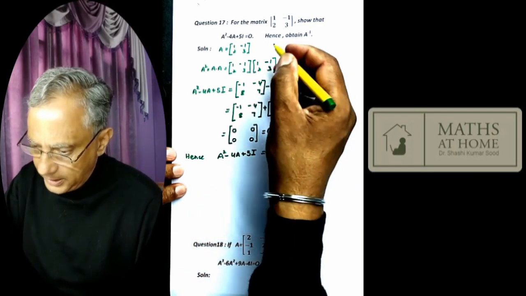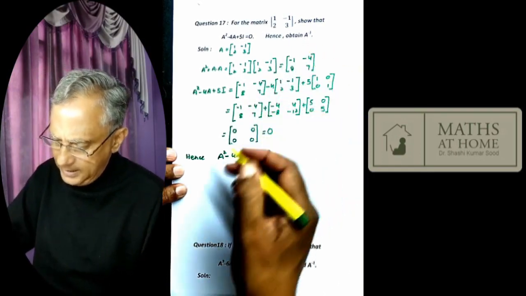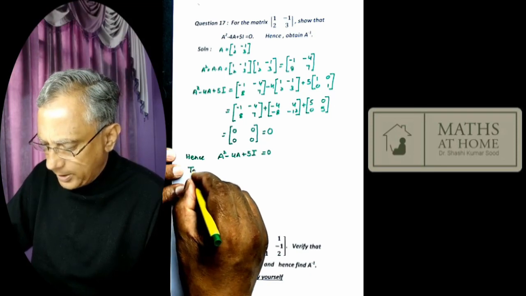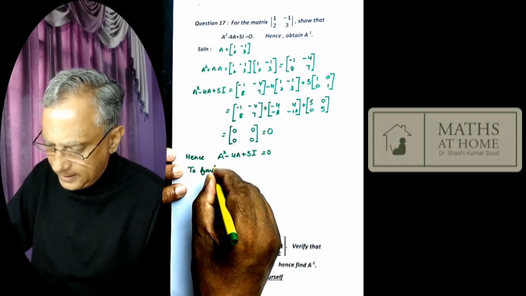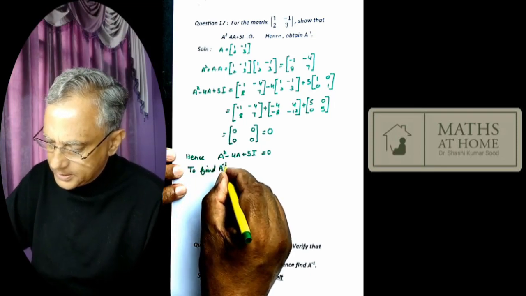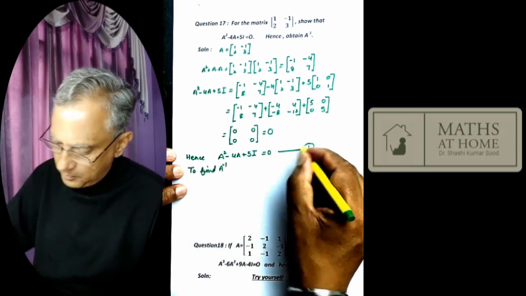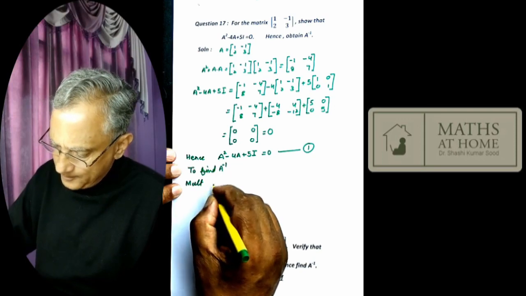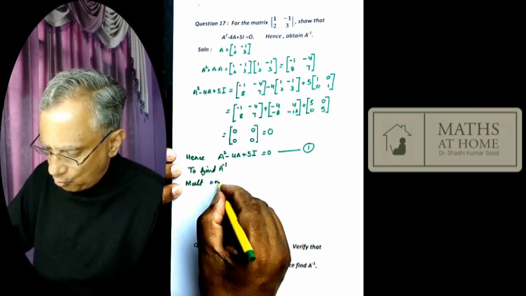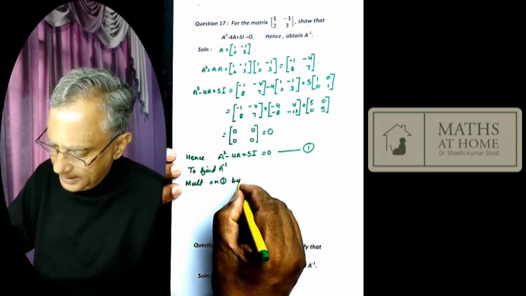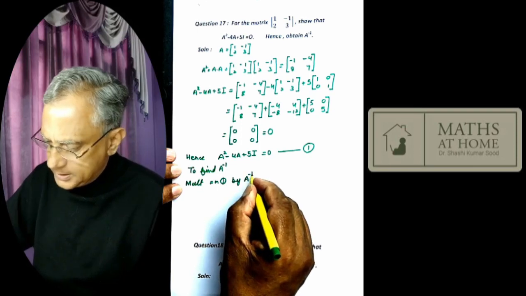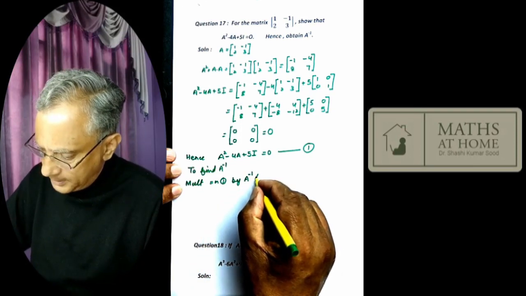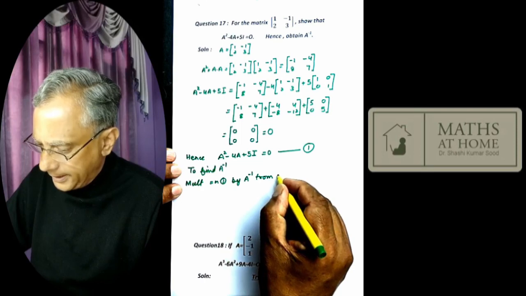Now next is obtain A inverse. To find A inverse, what we do is we multiply equation 1 by A inverse from right.